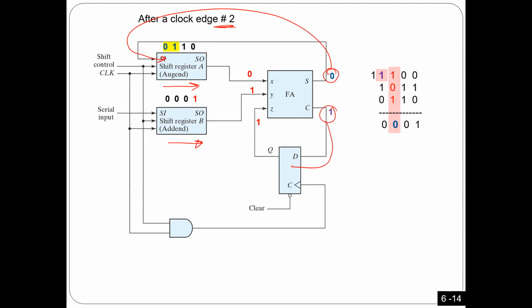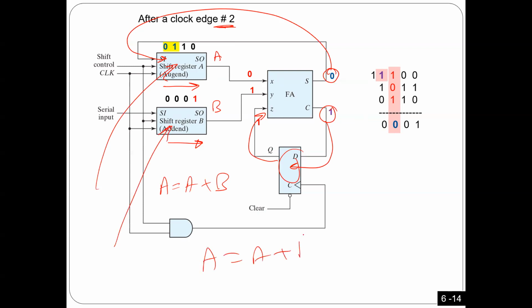The carry resulting from the addition, I'm going to store it here so that I can use it next time, okay? And that's why, with this A and B, after 4 clocks, A should equal A plus B. So the way it has to work, I have to put a number here, I have to put a number here, and then after 4 clocks, A should equal A plus B.